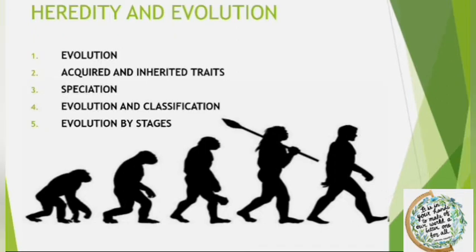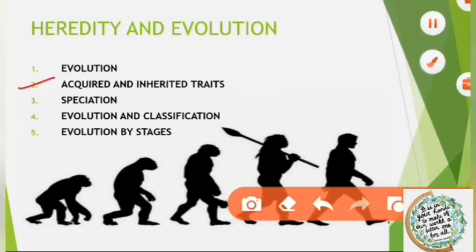The topic evolution is subdivided into acquired and inherited traits, speciation, evolution and classification, evolution by stages, and evolution not to be equated with progress.